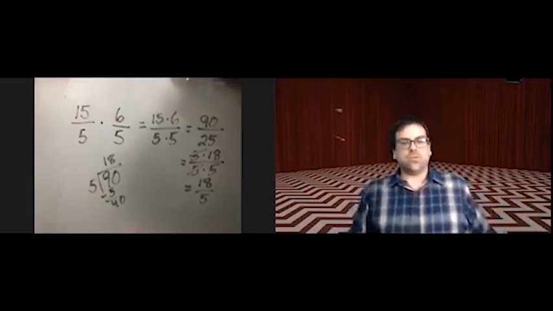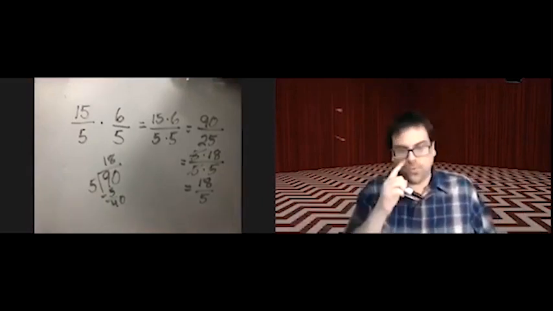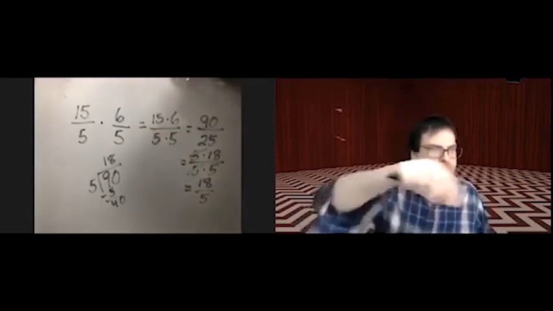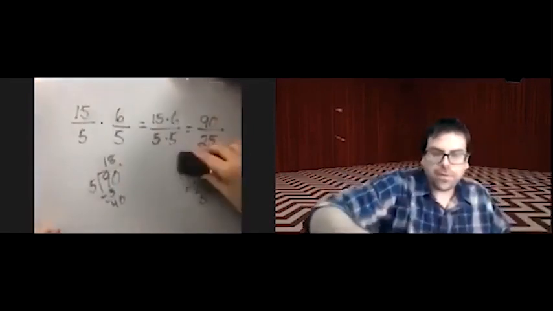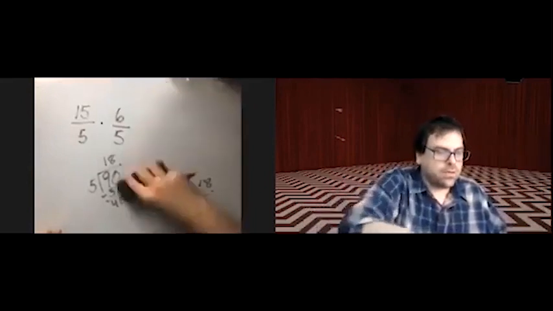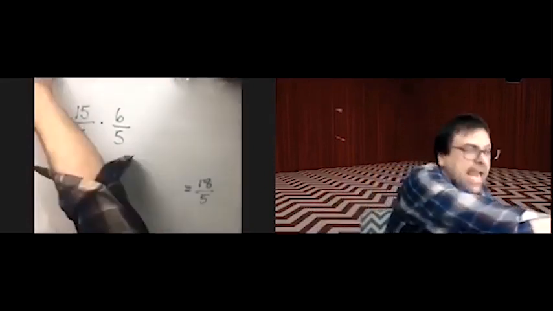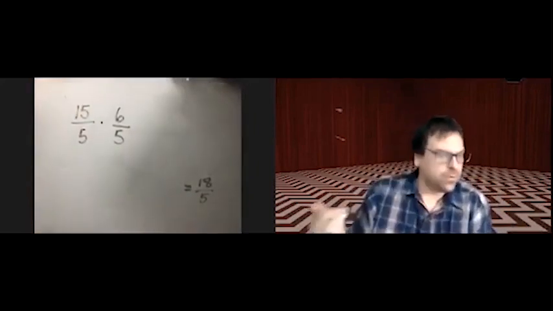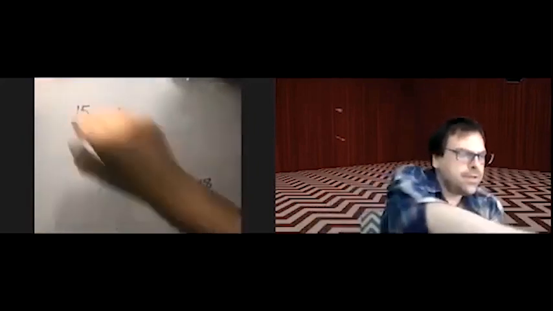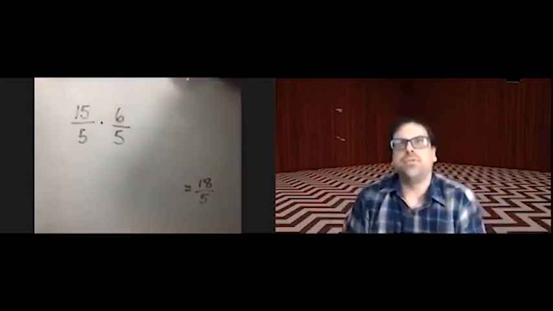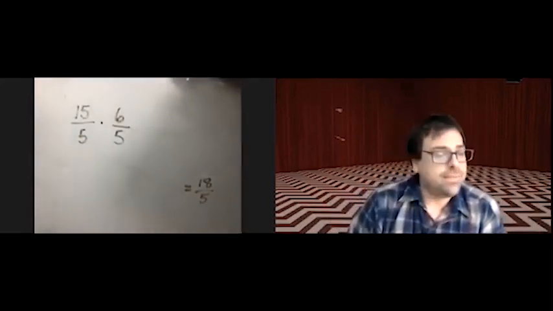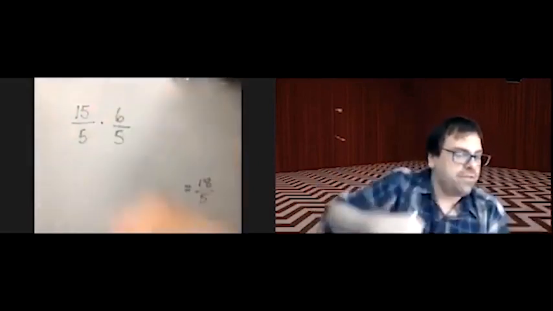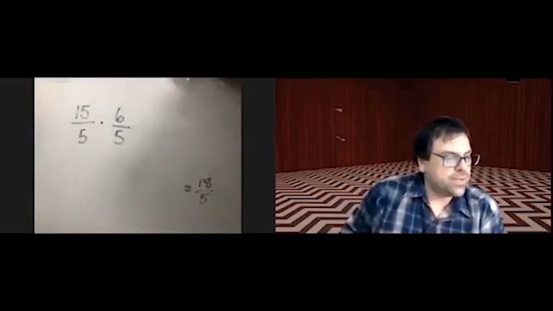But there's got to be an easier way. I said canceling could work here, and then we wouldn't have to go through these big numbers. How would that work? And I am going to use cancellation where I can moving forward. 15 and 5 can both be divided by 5, whether we do this 15 and 5 or that 5. It doesn't matter which one.